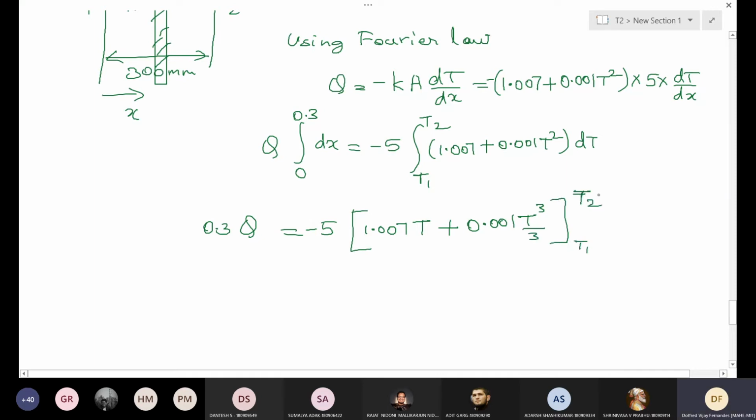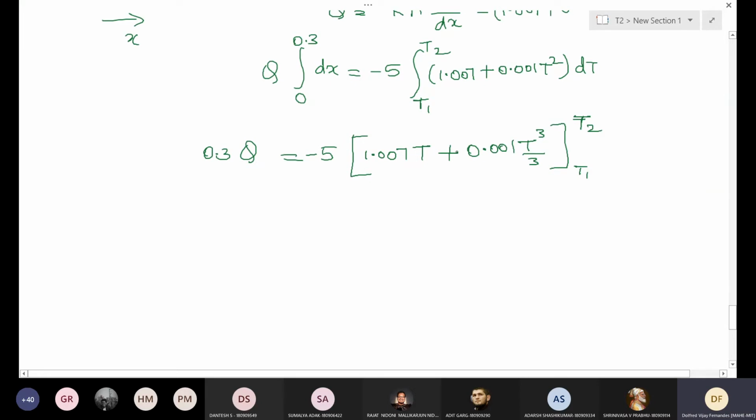The minus sign is there, so I'll take that minus sign inside and write this as 1.007 into (T1 minus T2) plus 0.001 divided by 3 into (T1 cube minus T2 cube). That's all. You should simply know how to integrate.